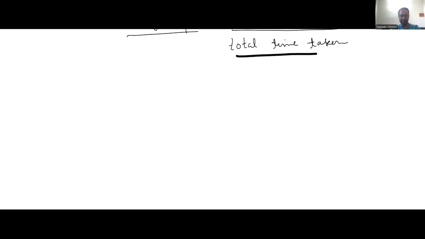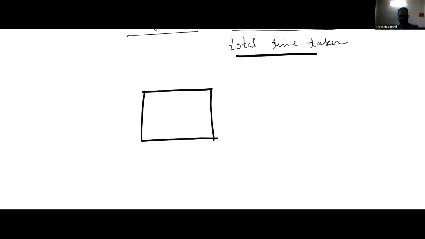The question is this. So you have a square field, okay? Square can also be drawn better. So I'll draw a square in a better fashion.